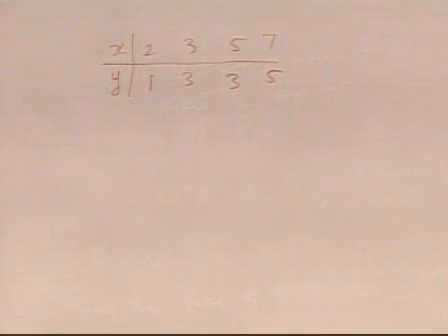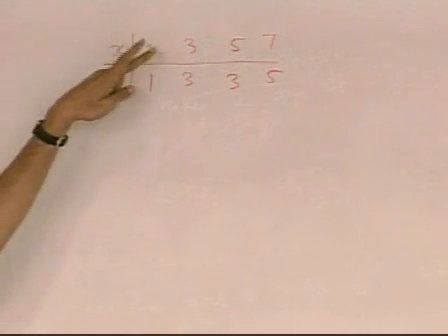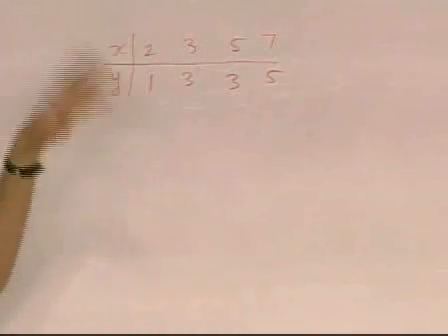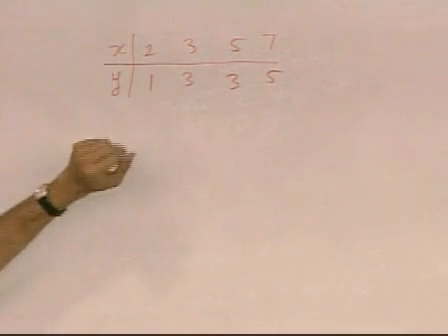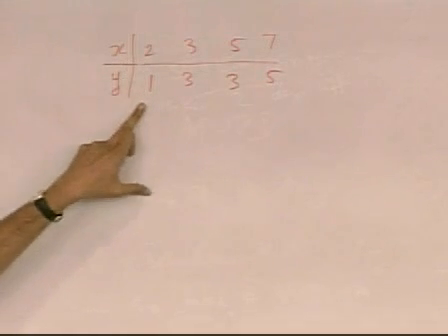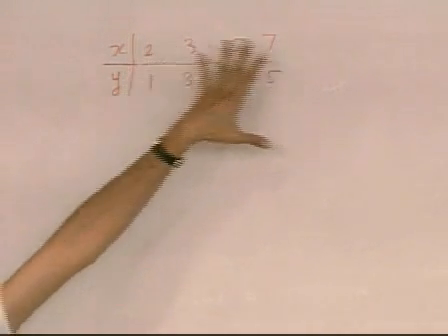X is the amount of advertising you do, and Y is the sales that you observe, all in units of, say, $1 million. So when you invest 2 units in advertising, you get 1 unit in sales. When you invest 3 in advertising, you get 3 in sales, and so on.